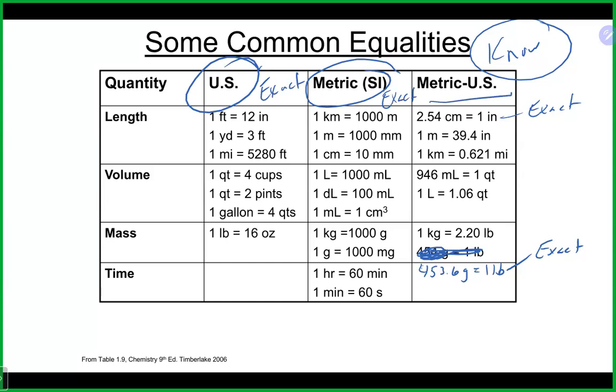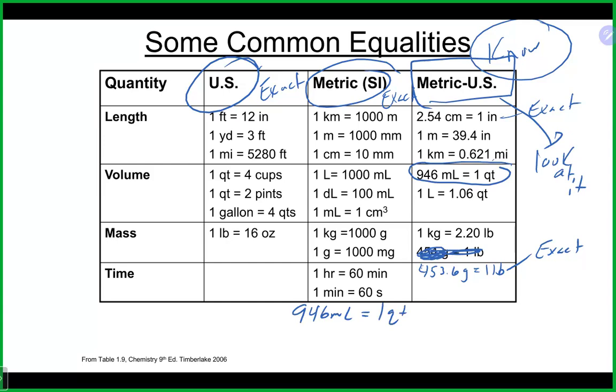If you pull from this very last column, you do have to look at it, except for obviously the ones that are listed there that are exact. Other than those, you do have to look at it. So for example, if you were doing a calculation that involved this equality here, 946 milliliters is equal to 1 quart.